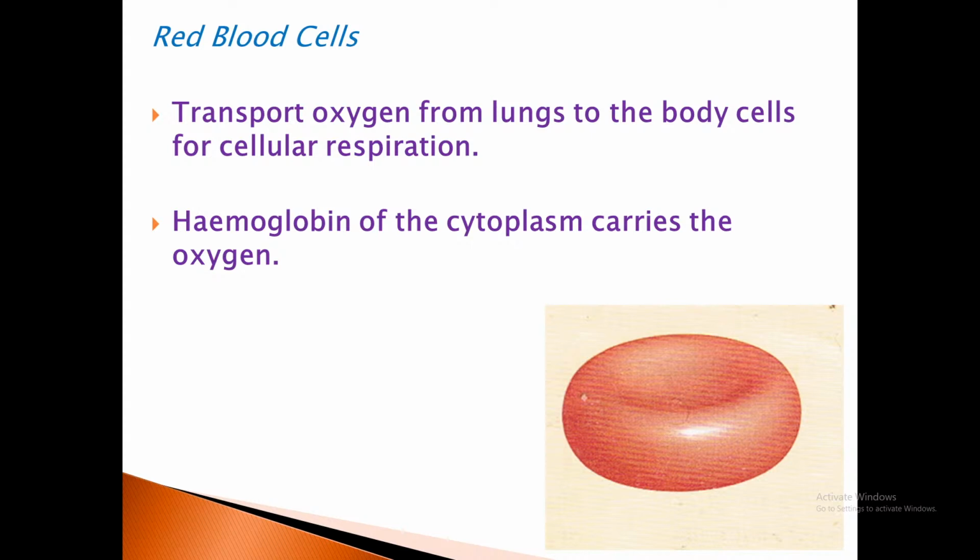And cellular respiration is the process by which living organisms release the energy that they need to move from point A to point B, or the energy that they need to carry out a particular body function.